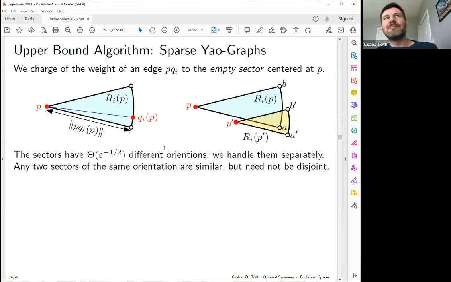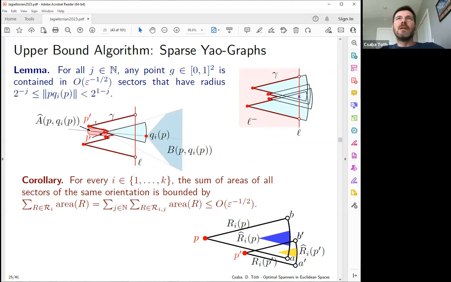If these sectors were pairwise disjoint, then we would be in a very good position, because we could just partition the total area between the sectors and we are done. But that's not the case. For different points P, these sectors can overlap. So each one is empty, but they can overlap.